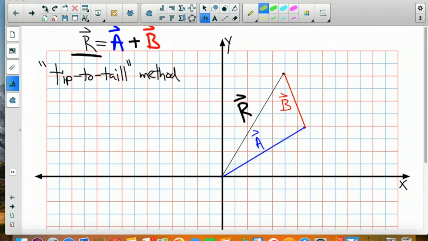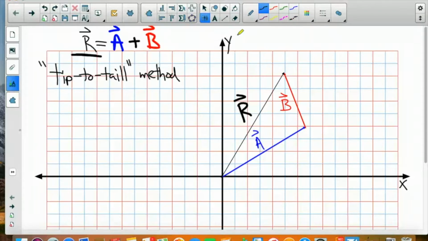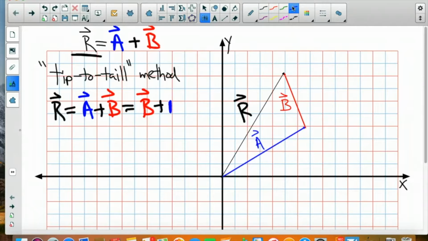Now, we should be able to notice that there's a very important property here, and it's called the commutative property. So if R is A plus B, then it should also hold true that it's also B plus A. So what does that mean?